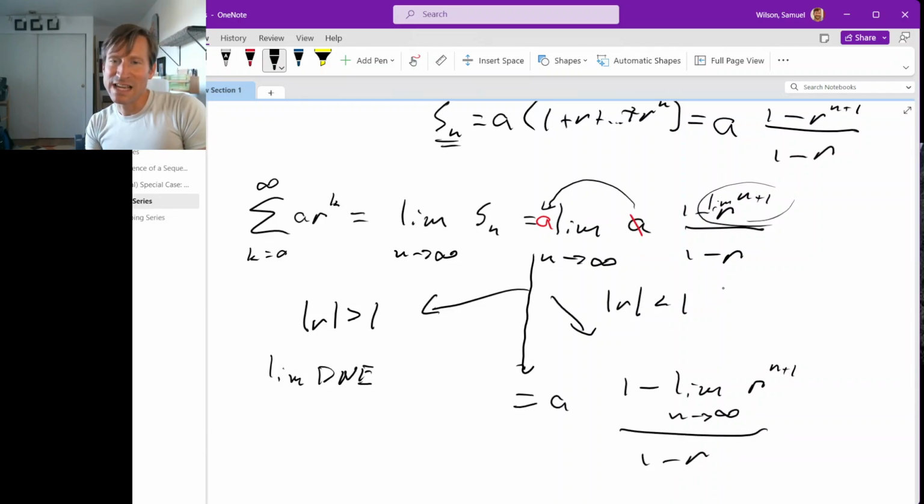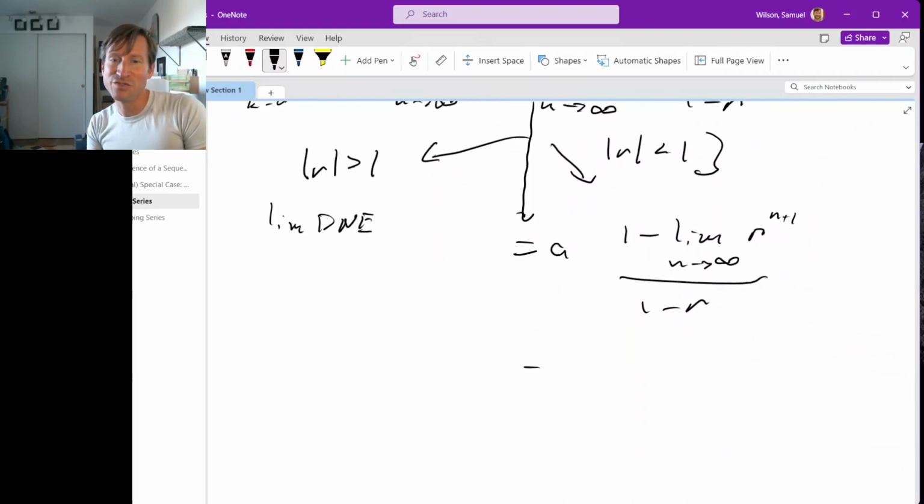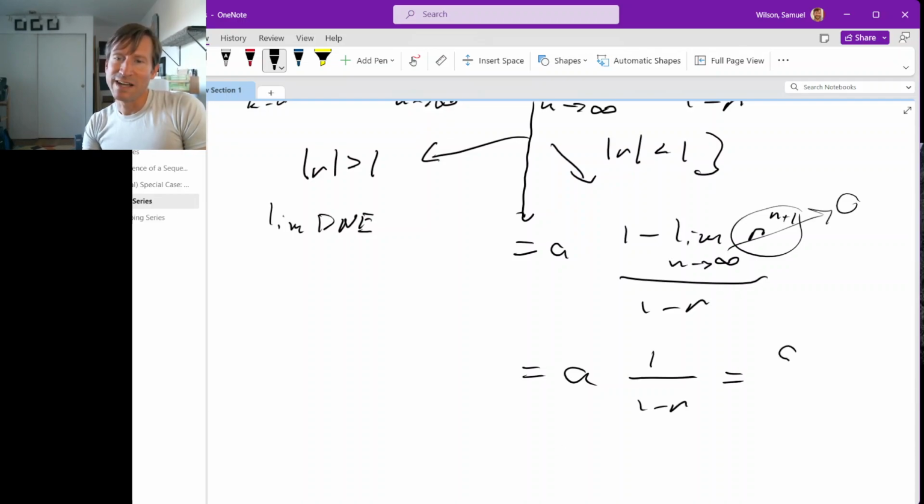But since the absolute value of r is less than 1, when we raise r to very large powers, it gets very tiny. So this piece evaporates away to 0, and we're left with 1 over 1 minus r. Okay, so we get a over 1 minus r.